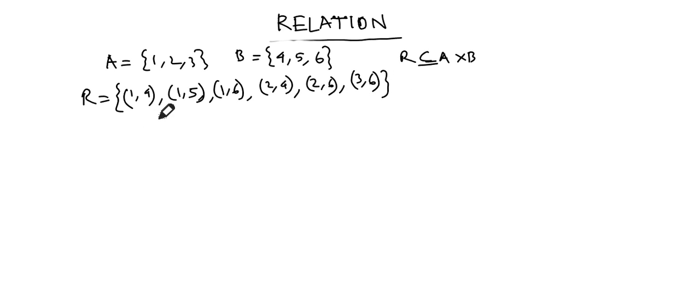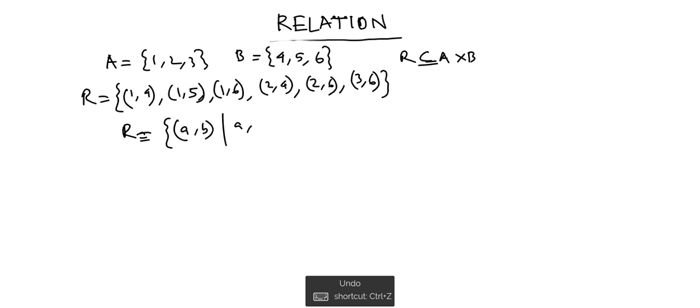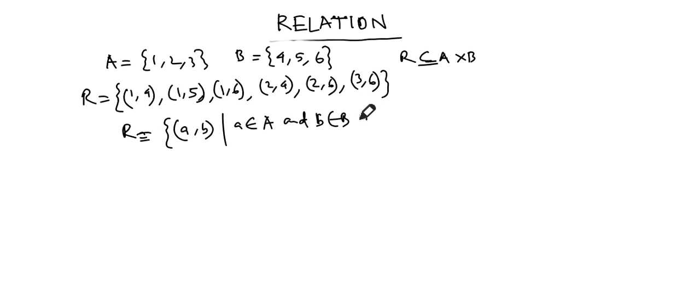So is there any process or speciality in picking these elements from A cross B? Yes, there is a process of picking. We have not chosen this randomly. The process is that if we write it in set builder form, R comprises of these pairs (a, b) where a belongs to A and b belongs to B, and the relation is that a divides b.